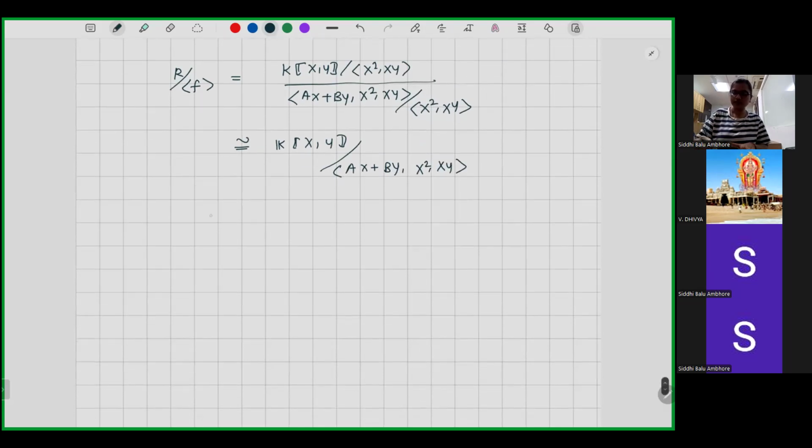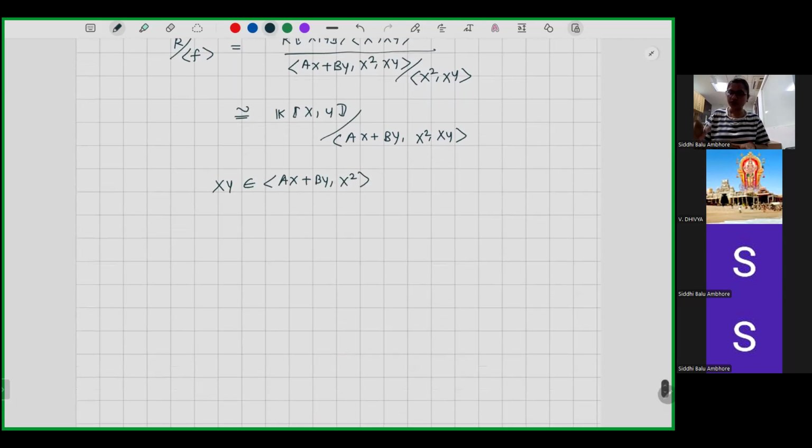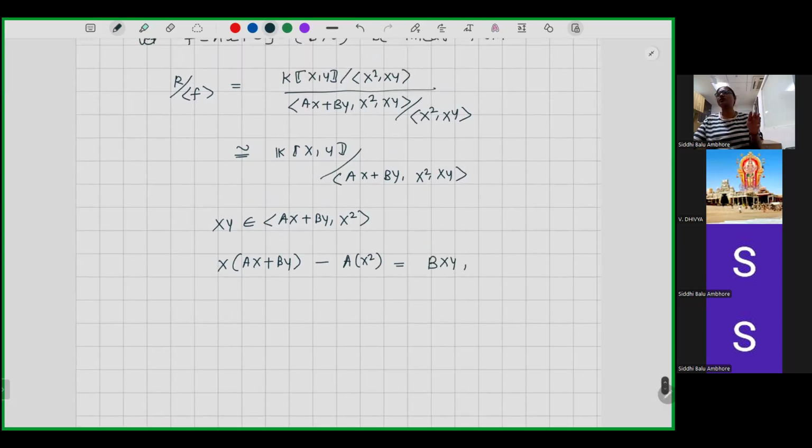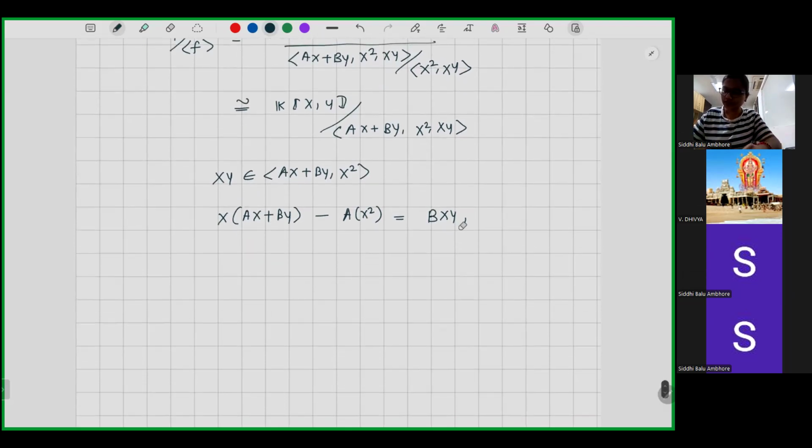And note that here xy is in the ideal generated by ax plus by, x square, because I can multiply this element by x: x into (ax plus by) minus a into x square gives bxy, and b is non-zero, and we are in the formal power series ring over a field. So this implies that xy belongs to this ideal generated by ax plus by, x square.